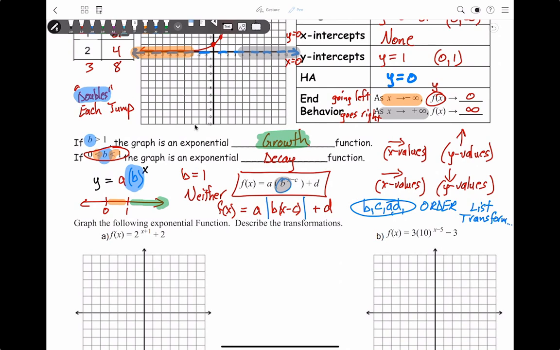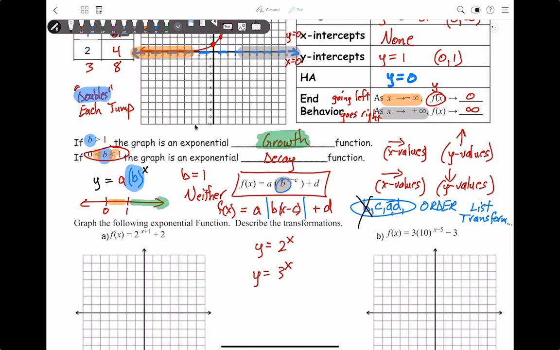So if you had y equals 2 to the x, it's doubling every time. That's a parent. y equals 3 to the x, that's another parent. And everything else outside, either in the exponent with x, or in front with an a coefficient, or d that's adding a vertical shift up or down, all of those are the transformations. So don't think of b as a transformation in this respect.